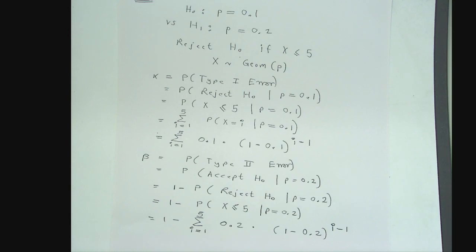So you need to use this word to do question 3. No, I think the question here is to find the type 2 error. So you just need to find the type 2 error, which is beta. You need to use this and the definition of type 2 error.